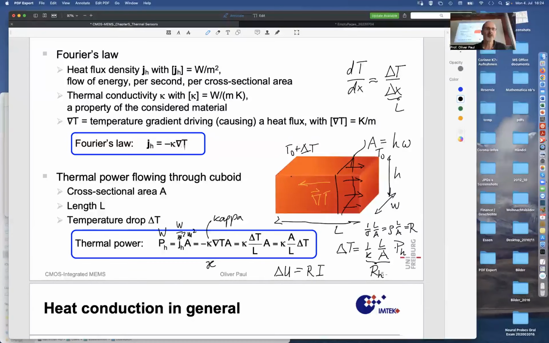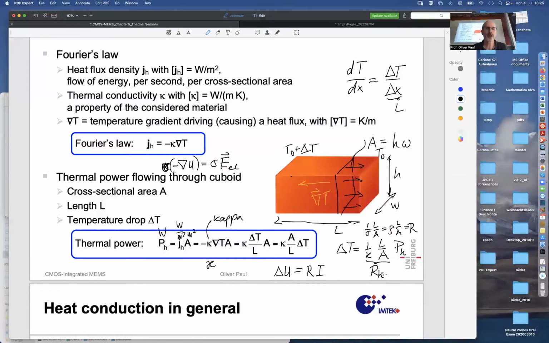So here we have the gradient of T. Electrically, we would write this as the gradient of U, or gradient of phi, or sometimes different nomenclatures are used. And if I write the minus here, I have kappa times minus gradient of T, or electrically sigma times minus gradient of U, and this is sigma times the electrical field.